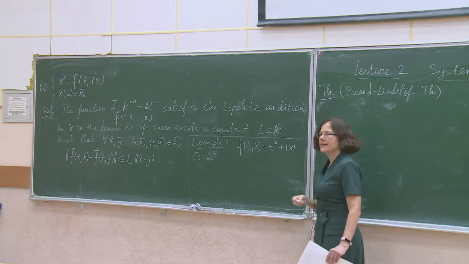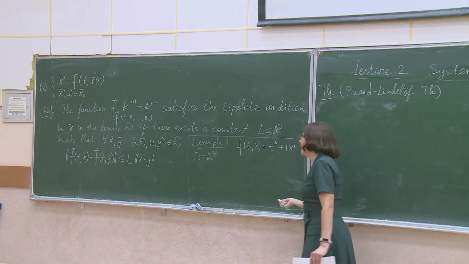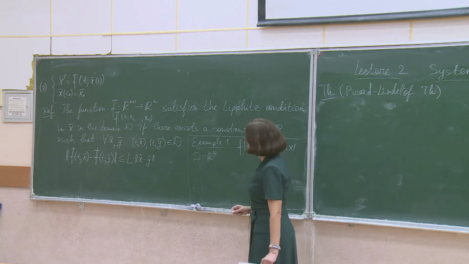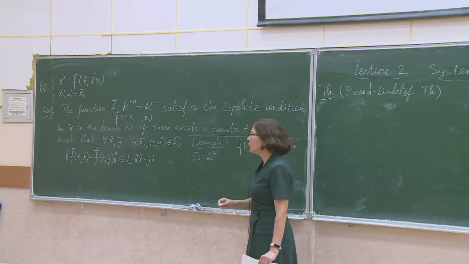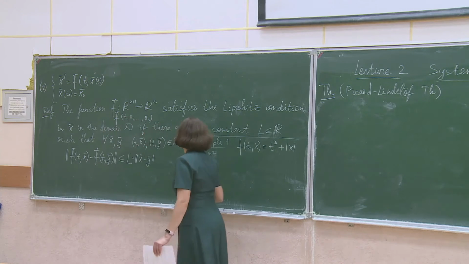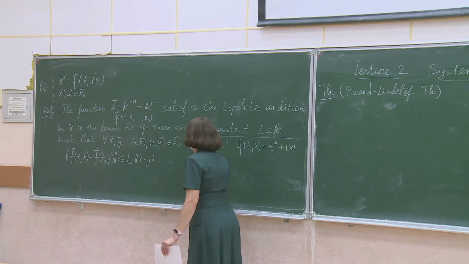Let's check whether this function satisfies the Lipschitz condition. To do this, we need to consider the difference and the absolute value of the difference. Okay, so what is the difference?